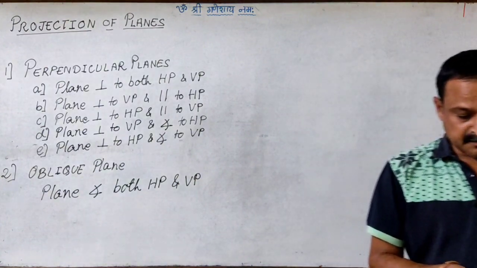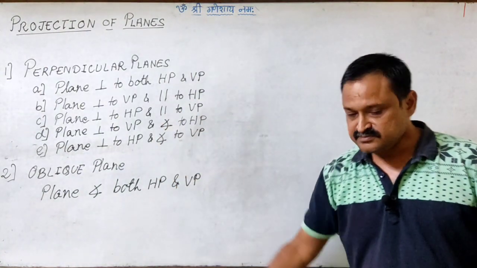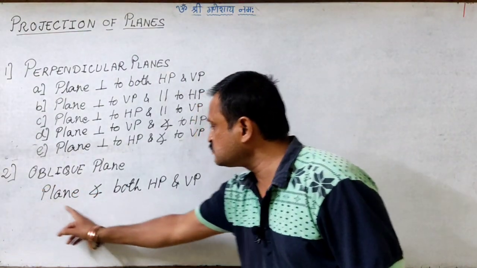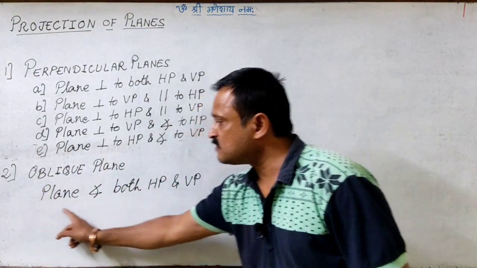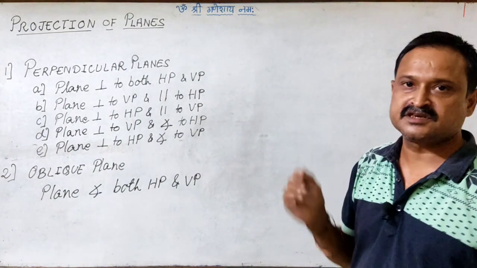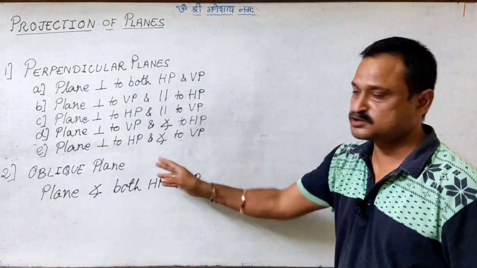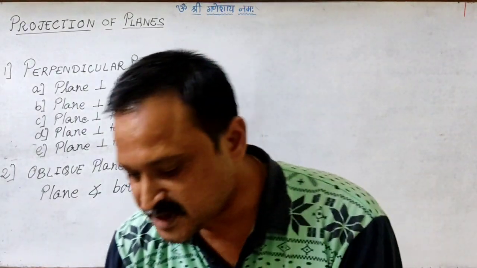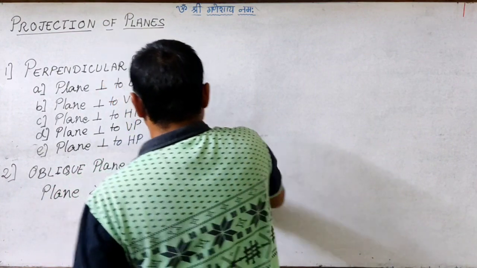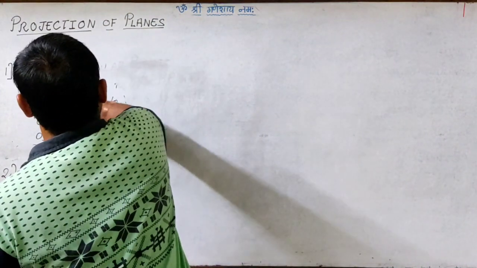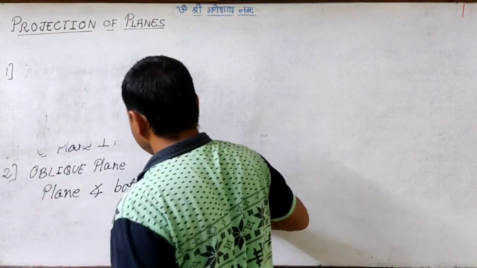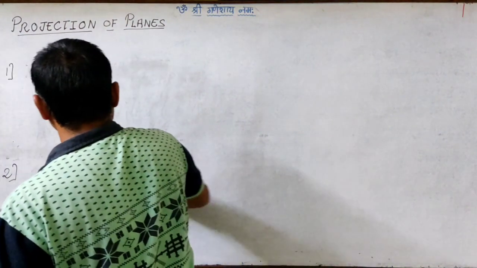So in general we can categorize these conditions, and to reach the final projection of this condition we will take help of somewhat these steps which we have just now understood, right? So let us begin with understanding how we get the images or projection of a plane and how we should work out for a given problem.